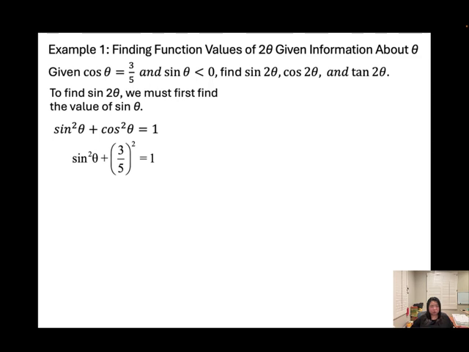So sine squared theta equals 1 minus 9/25. Get the same denominator. Take the square root. You will have a plus minus here, but we already know sine theta is less than 0, so I only pick the negative one.